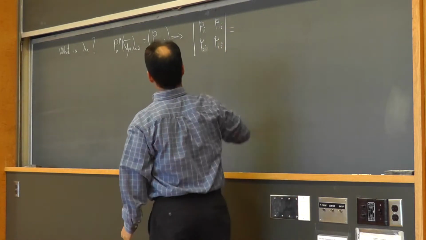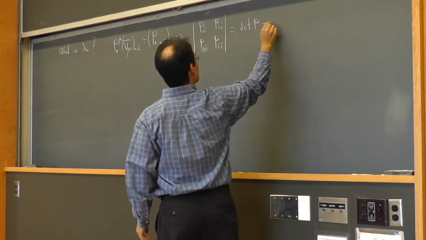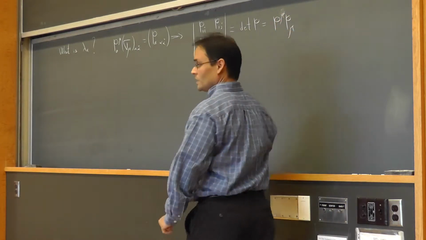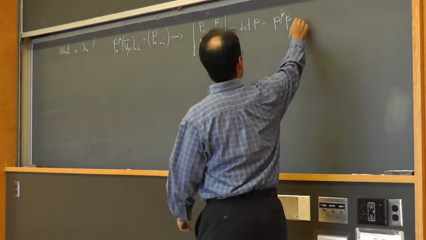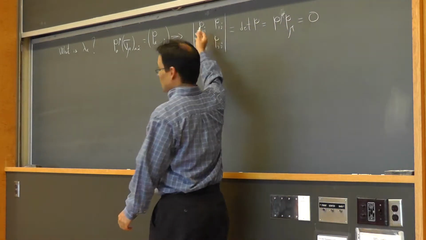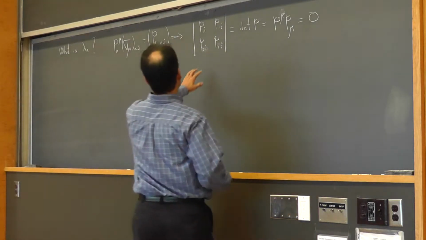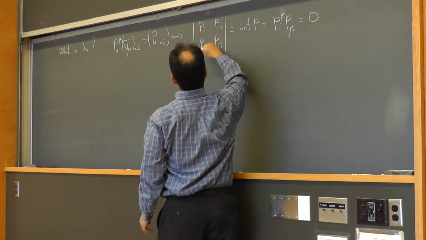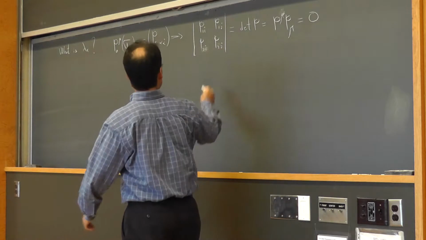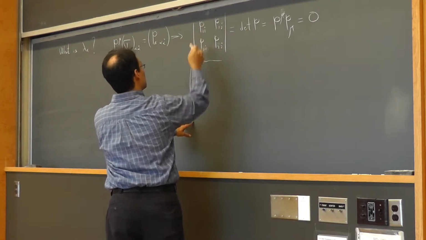The determinant of this matrix happens to be just the norm of the vector. And if we have a massless vector, this is 0, right? So if you have a 2 by 2 matrix with determinant 0, it has rank 1, it means that the 2 rows are proportional, or the 2 columns are proportional. So that means that I can write this as something that looks like, let me write it as follows.